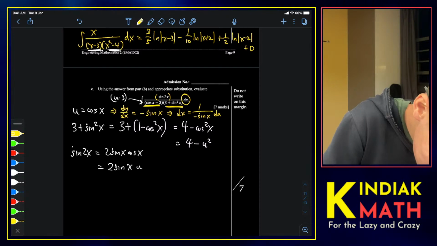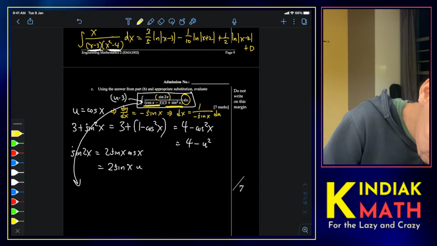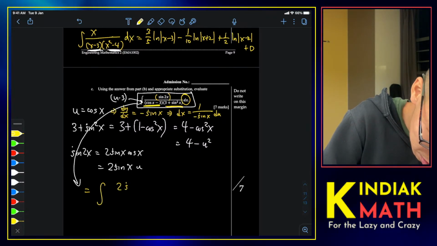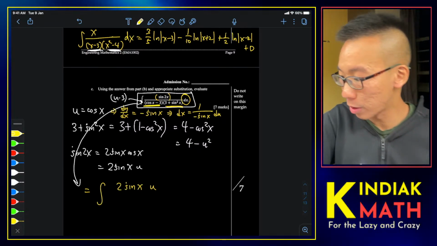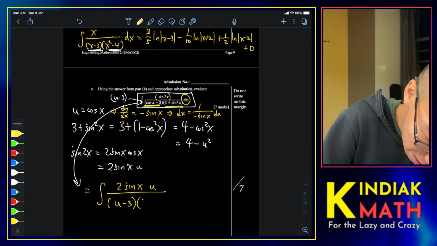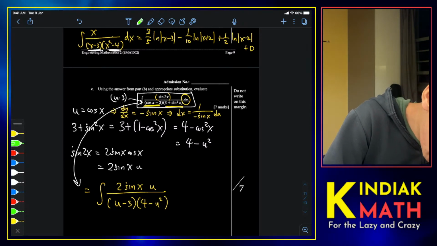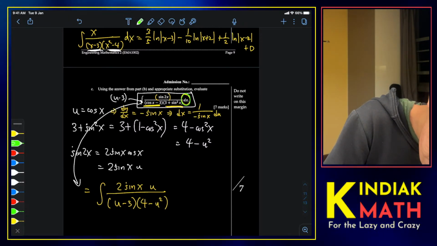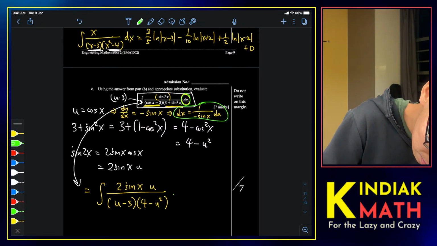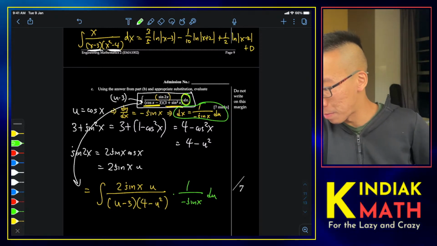Okay. So this whole integral is going to simplify to the integral of 2 sine x u on the top. On the bottom, we're going to get u minus 3 and 4 minus u squared. The dx here gets replaced with this expression.